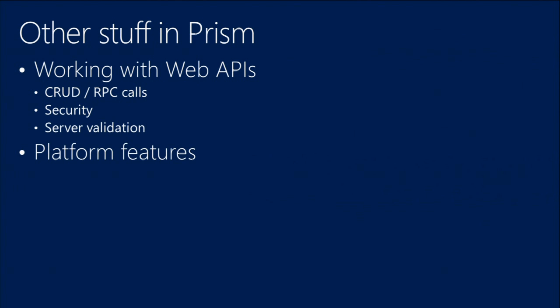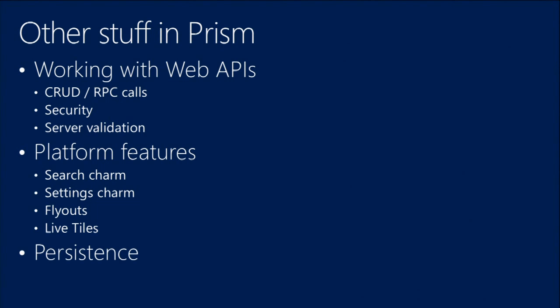Oh, and the server validation that I mentioned with doing server-side lookups, but still reaffiliating it with that client-side validation that I just showed. We show working with the search charm, the settings charm, doing flyout panels for the settings panels in particular, doing live tiles and secondary live tiles, where you can have basically a deep link on the desktop or on the start screen that goes directly to a particular page and view model within your application.